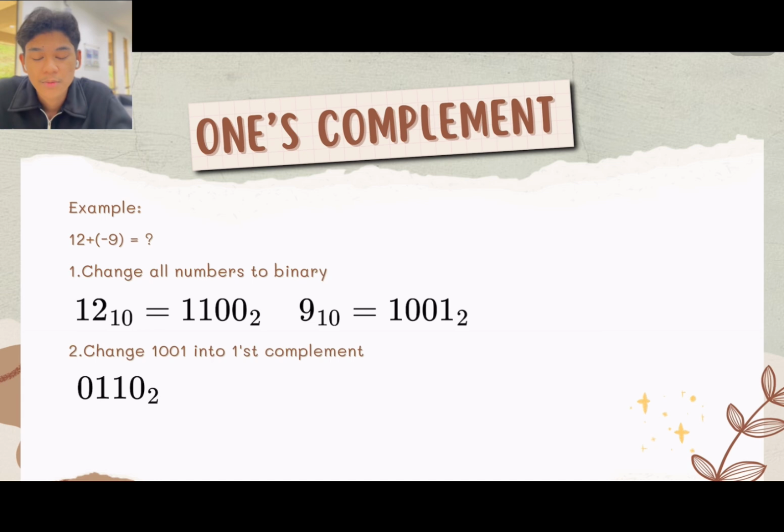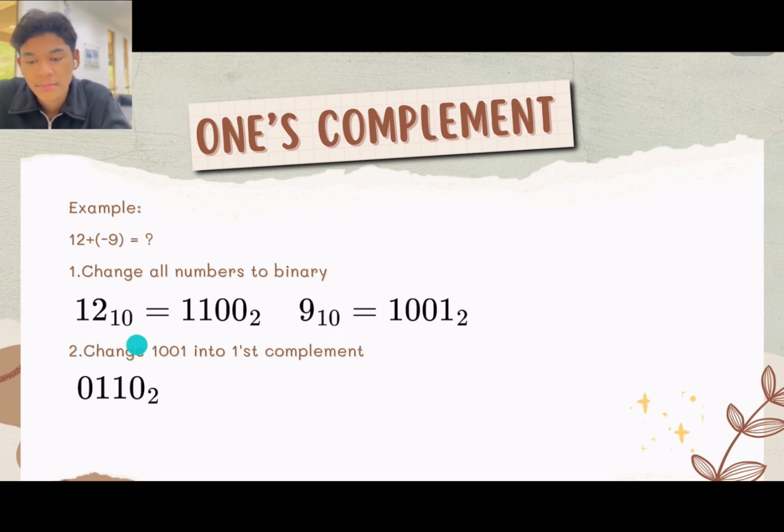Now, this is one of the examples for one's complement. By using our matrix number, the last two numbers, which are 12 and 9, and by deciding that 12 is a positive number and 9 is a negative number, we should add those together. The first step is to change 12 and 9 to binary digits.